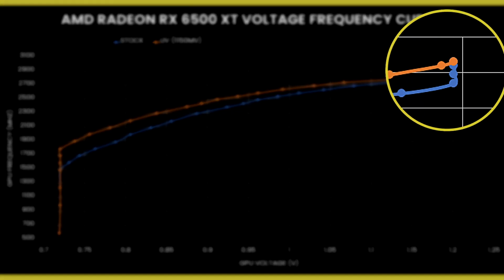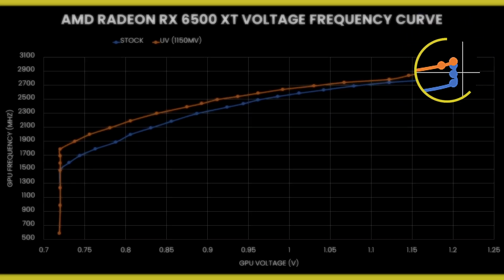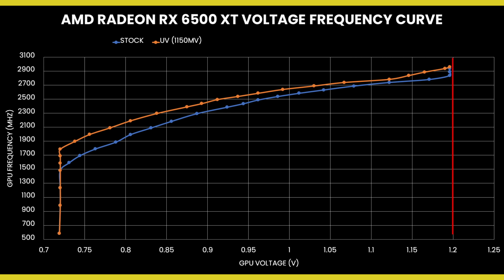Lastly, we find that the voltage for frequencies between 2850 MHz and 2975 MHz is reduced by less than 50 mV. Surprisingly, our highest frequency of 2975 MHz is still using 1200 mV, just like at stock.